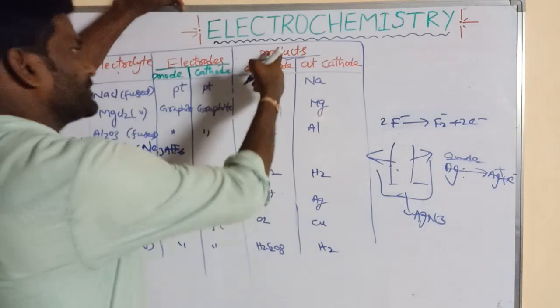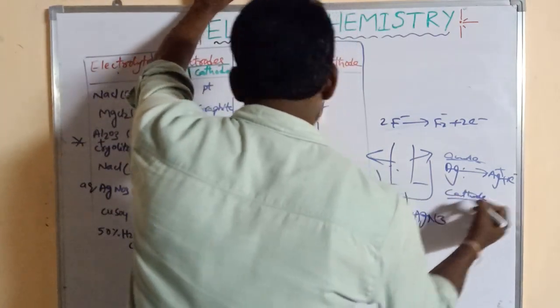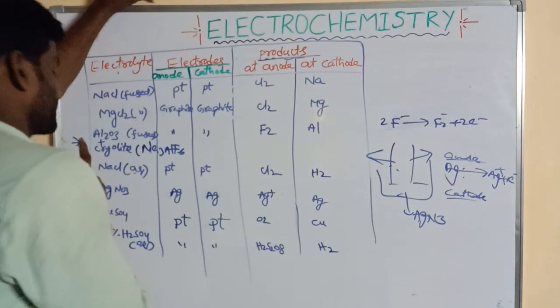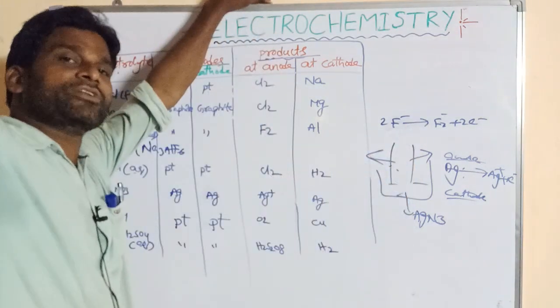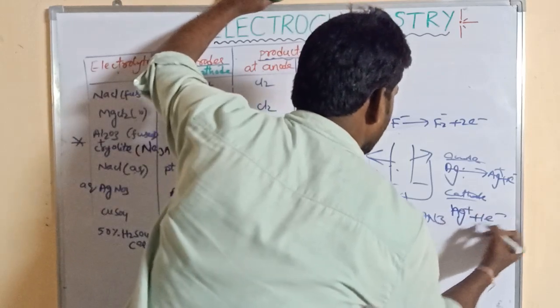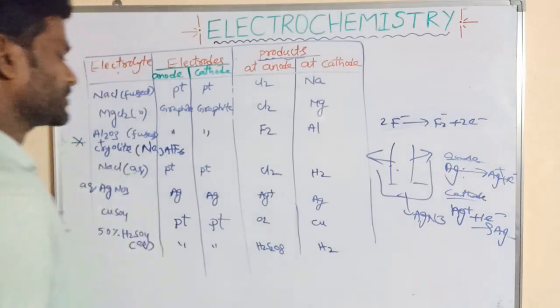So at anode Ag plus is obtained. At cathode, aqueous AgNO3 is ionized to Ag plus and NO3 minus, along with H plus from water. In H plus and Ag plus, which is having more reduction potential? Ag plus. That is, Ag plus gains one electron and gives rise to Ag, which is obtained at the cathode.